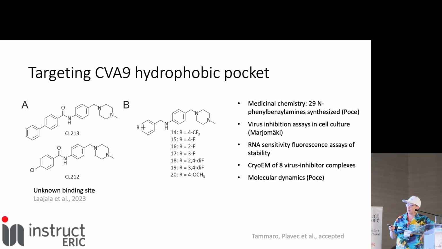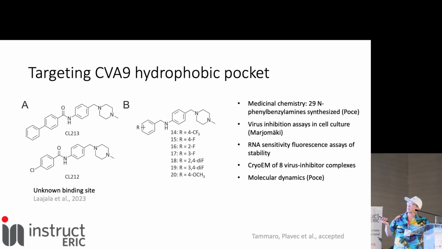And so, in collaboration with the Pocci Lab of Medicinal Chemistry in Rome, they went to the library and they then synthesized around 29 derivatives from this initial hit, and then Marko Marjomäki in Jyväskylä then went ahead and did virus inhibition assays in cell culture to find which of these were effective. And then we also checked with an RNA sensitive fluorescence assay to see whether or not the RNA could be released or not.